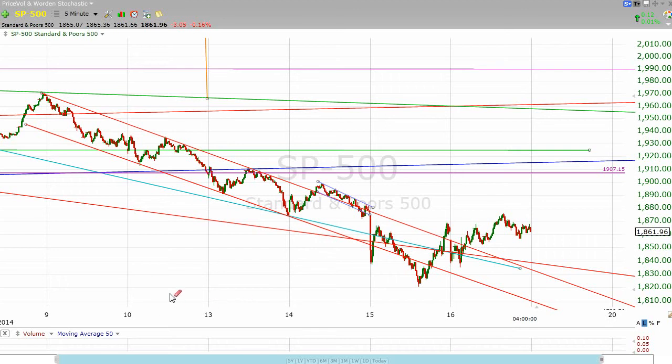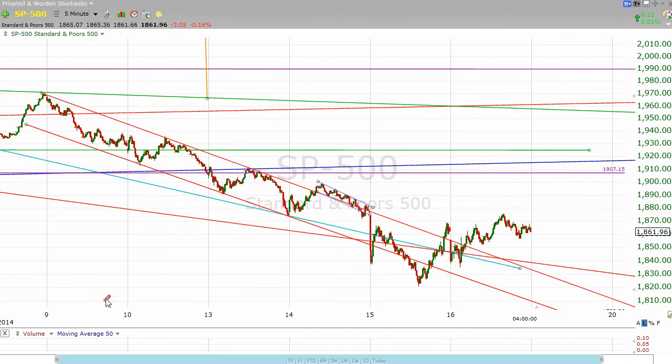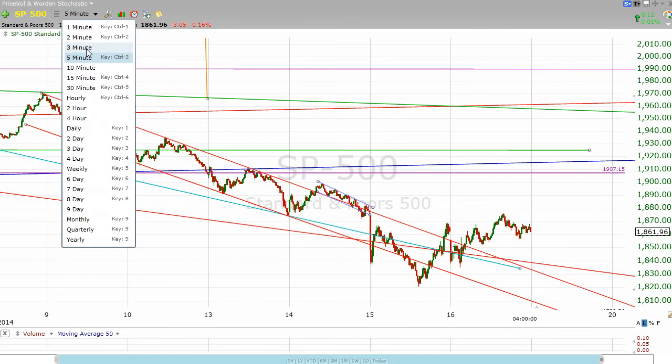So at times I've talked about getting over this resistance line will be the first sign that we may be reversing. Well, it probably is, but I don't want to be quite that dogmatic right now, and I'm going to tell you why in just a second. But first, let's look at a 3-minute chart.